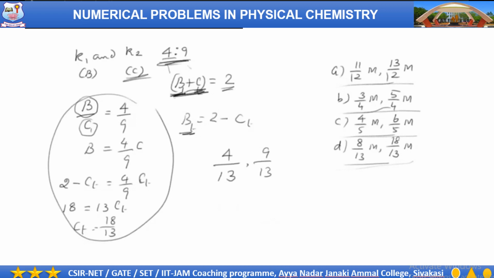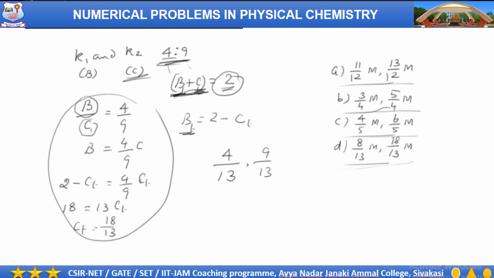It is in fractional units, where fractional means the total concentration present is equal to 1 molar. What is given is a concentration of 2 molar. Just multiply by 2. 8 by 13, 18 by 13. The answer is here, right or wrong? Hello, understand this or not?